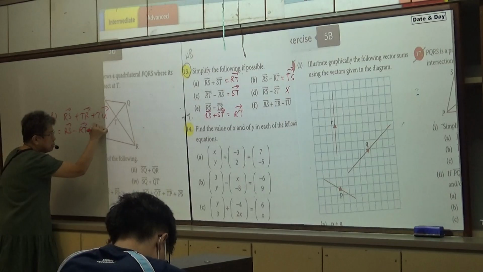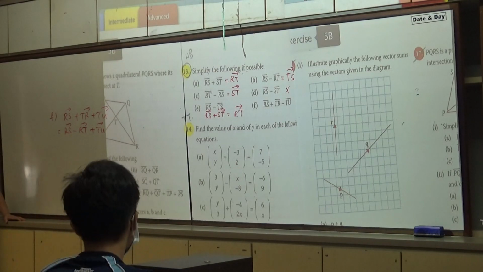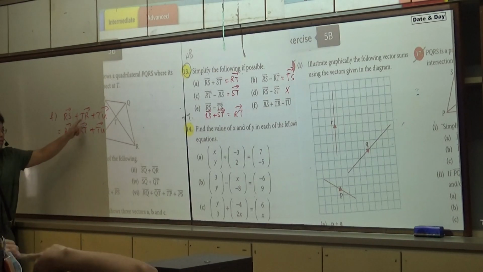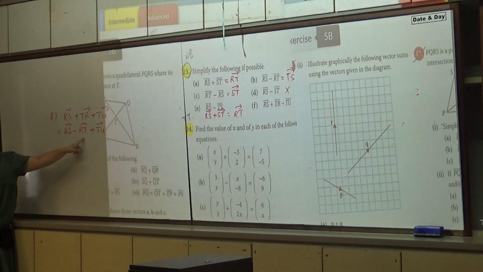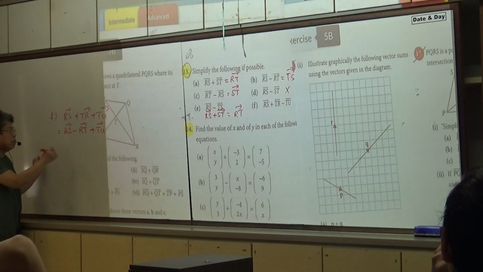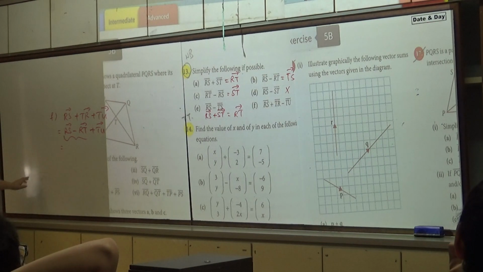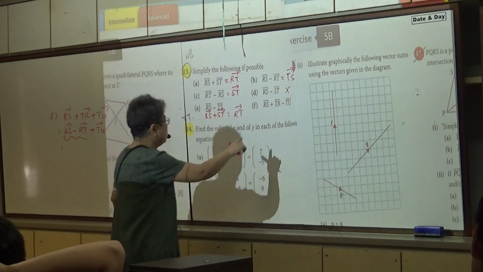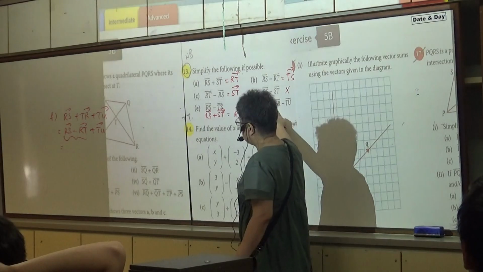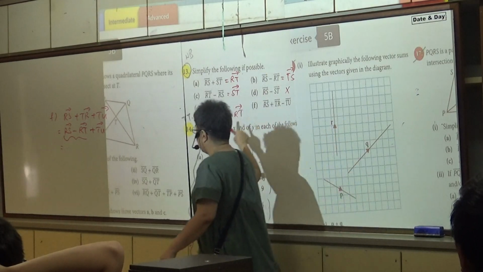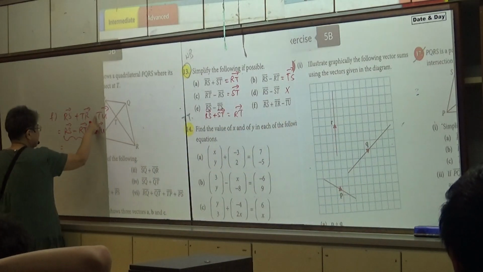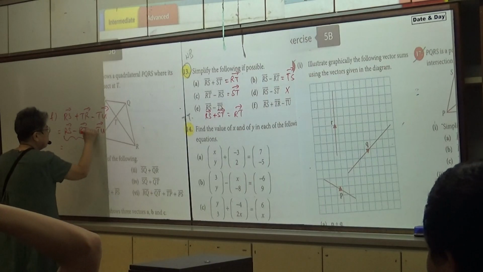Then plus TU, right? Do you agree TR is minus RT? Correct. Now, this one can do already. What's the answer? The first one is TR minus TU. It's plus minus. Minus, oh okay, my goodness. So this one is the minus line. Okay, very good, thank you.